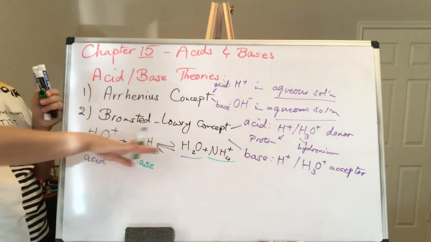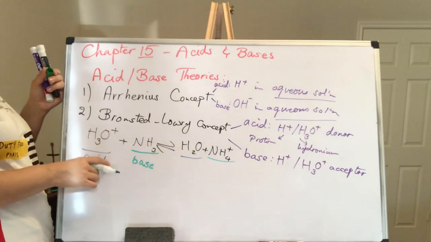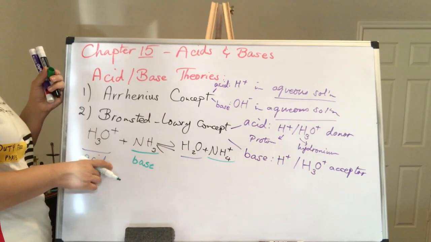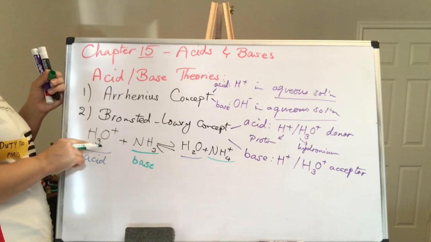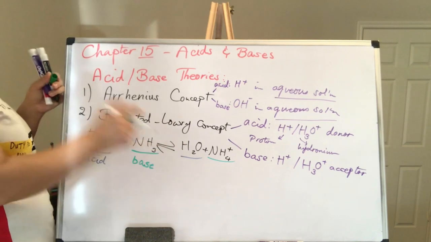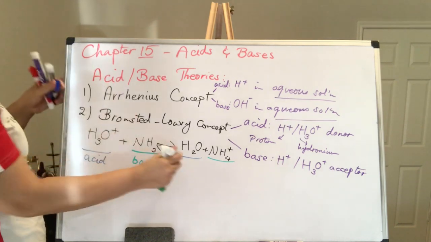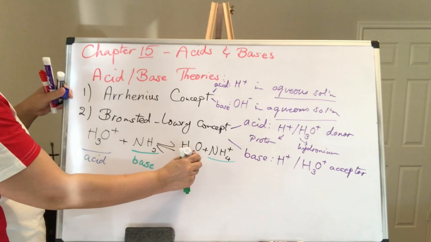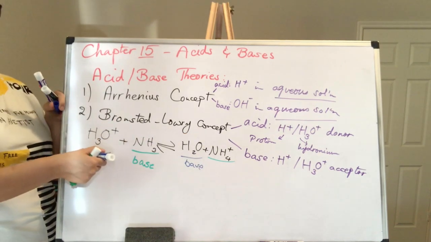I'm talking about right to left, H2O to H3O+. What should happen? H2O must accept a hydrogen to change to H3O+. So can I say H2O on the other side acts as a base? Yes, because it should accept one proton to go back to H3O+.